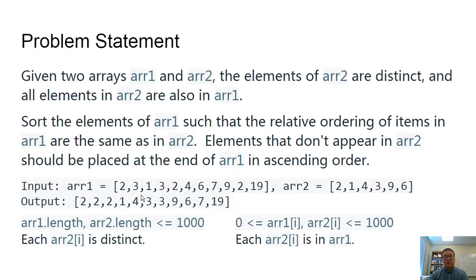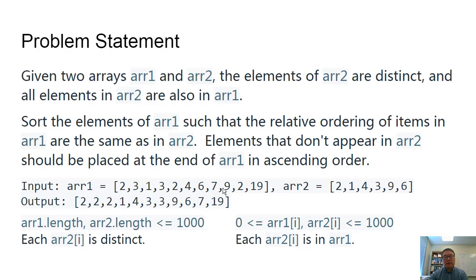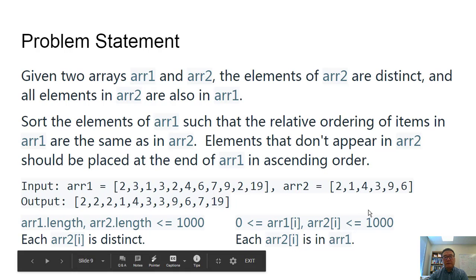After these elements that are already in array 2, the rest of them should appear in ascending order, so 6, 7, 19. The parameters for this problem are that both arrays are bounded by 1000 in length, and the elements of the arrays are also bounded by 1000.